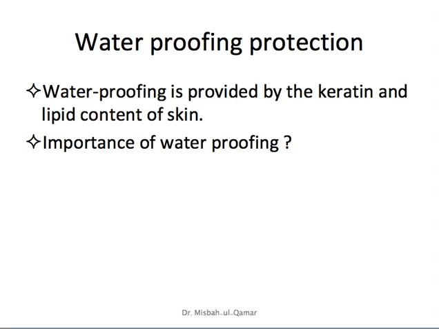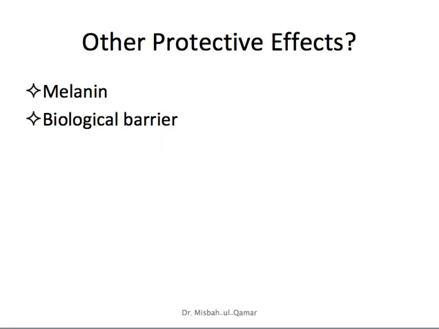So this is how our skin acts as a physical and biological barrier, but it has other protective effects also, which are because of the presence of melanin and certain immune cells.